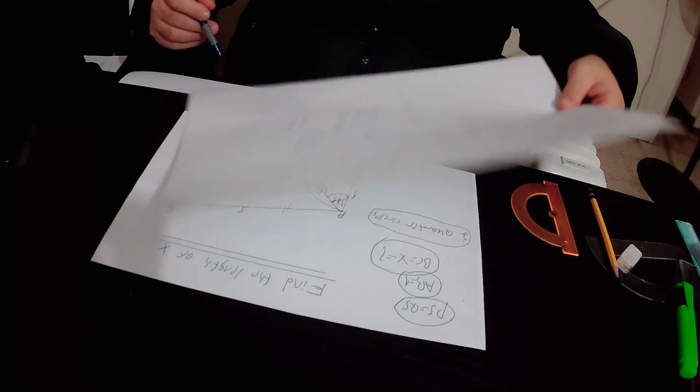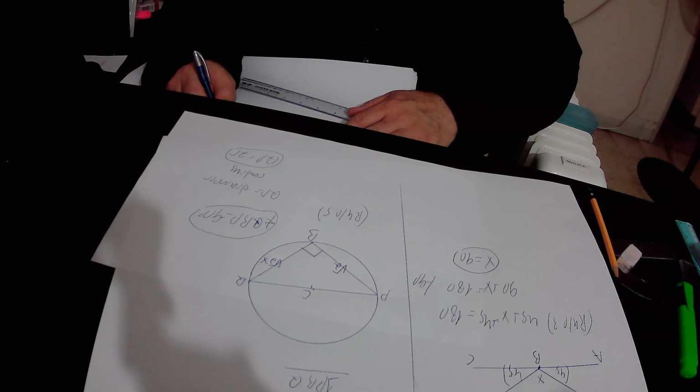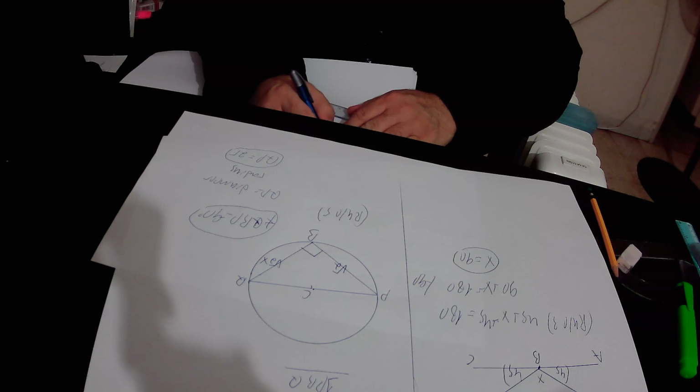So we can write down here that from one side, PQ is the diameter of the circle that equals 2r.